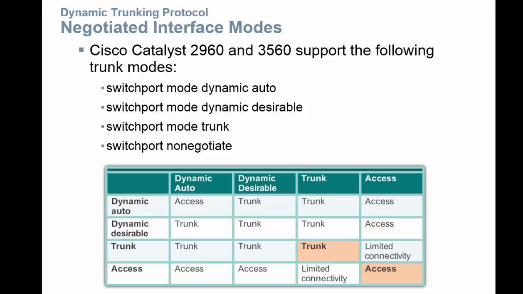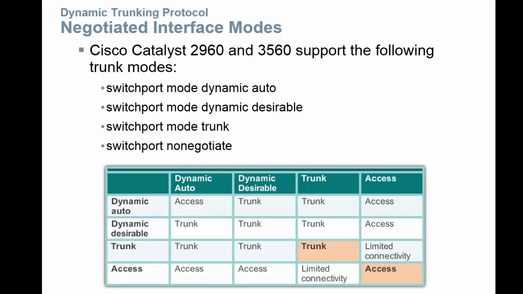The switchport mode dynamic desirable makes the interface actively attempt to convert the link to a trunk link. And the interface becomes a trunk interface if the neighboring interface is set to trunk, desirable, or auto mode. This is the default switchport mode on older switches, such as the 2950 and 3550 series switches.